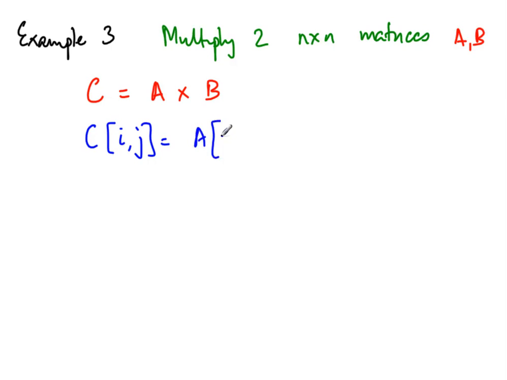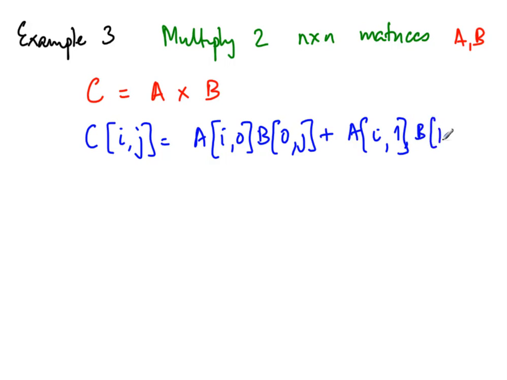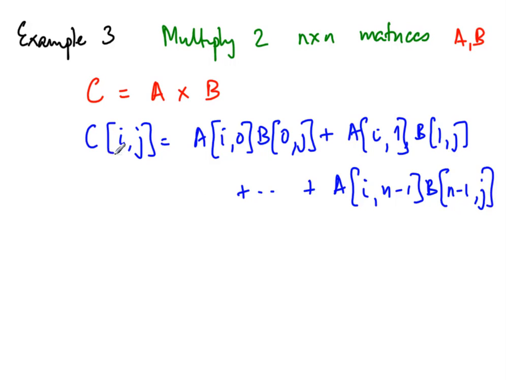You're going to have Ai0 and B0j, then you're going to have Ai1 and B1j, and so on, and finally Ai,n minus 1 and Bn minus 1,j. So this is how we compute the ijth entry, each entry in the final matrix C. Right?